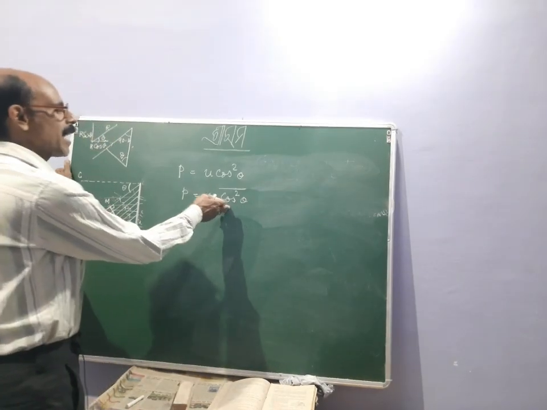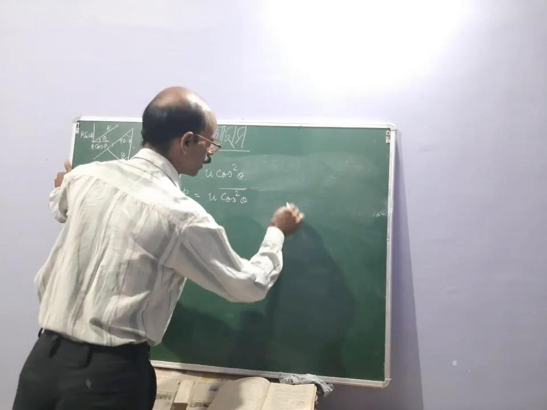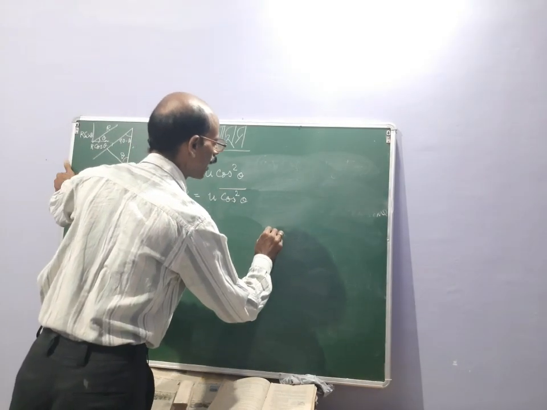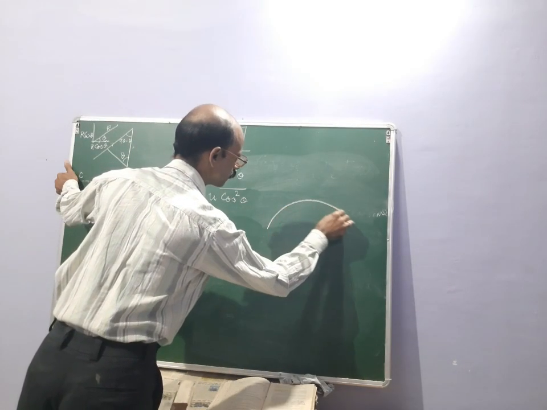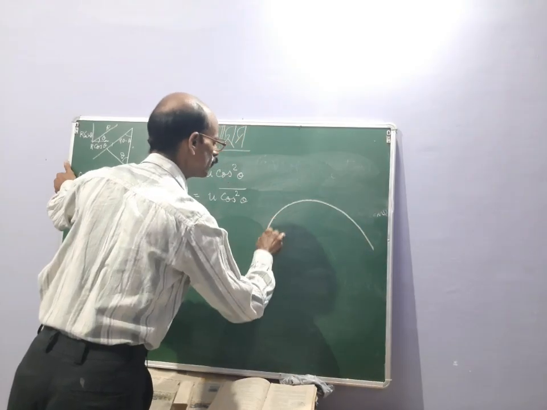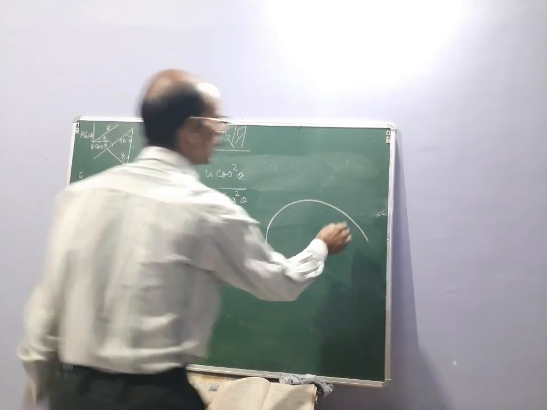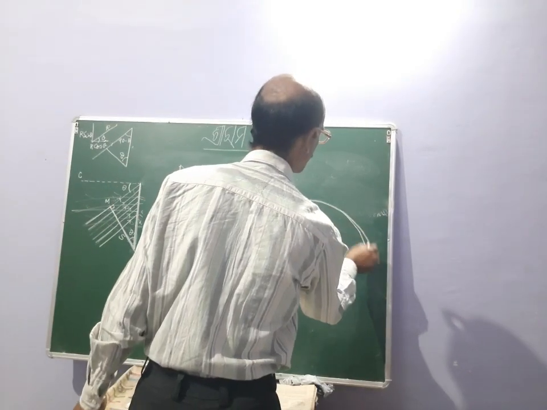To calculate the average of cos square theta, let us consider a hemisphere.